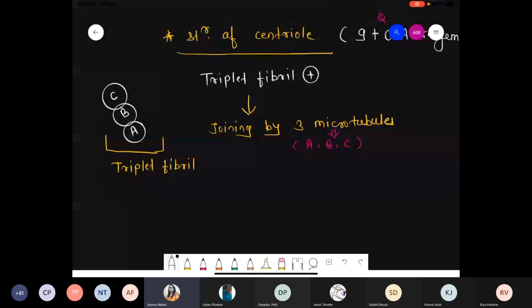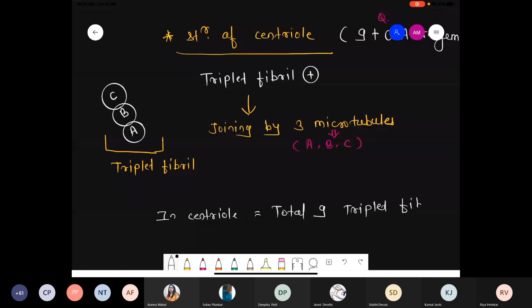And please remember, in the centriole a total of 9 triplet fibrils are present. How many? Total 9 triplet fibrils are present.